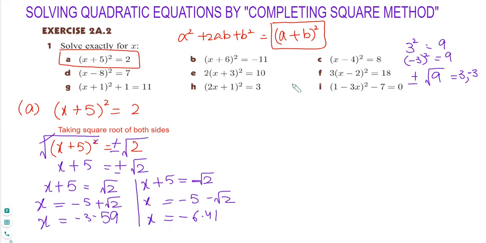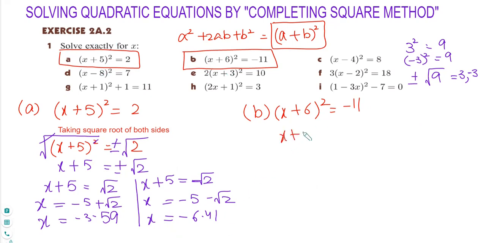Okay, we take another example, part B: (x + 6) whole square is equal to negative 11, right? If we take the square root of both sides, it will be x plus 6 equals plus minus the square root of negative 11.